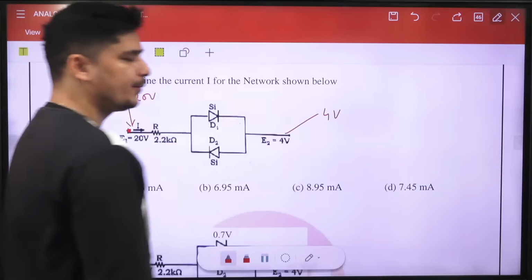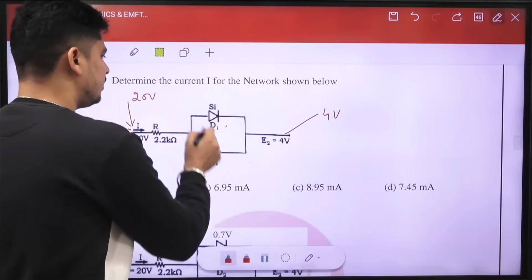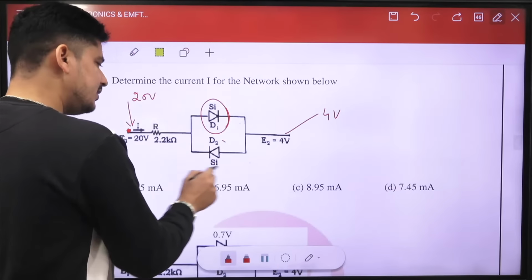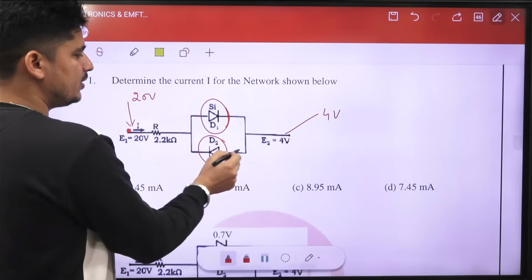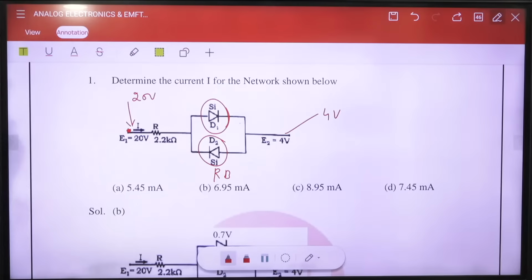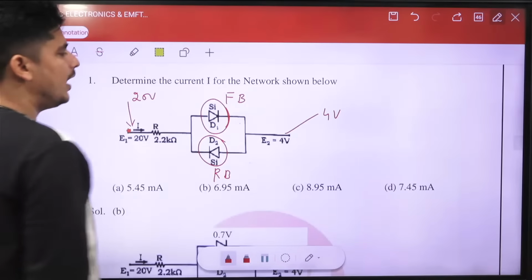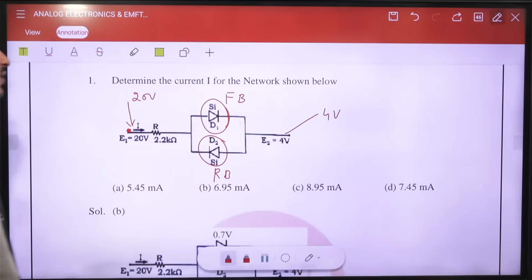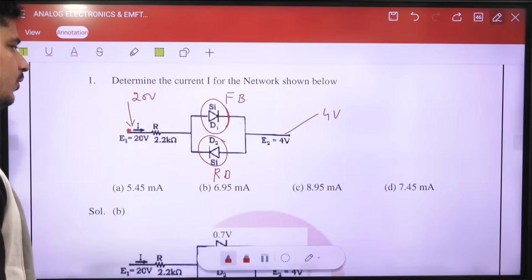4 volt. Whenever we see these things, what will come to our mind? This diode is reverse biased because its positive terminal is connected to lower voltage and negative terminal connected to high voltage, and this other diode is forward biased, right? After getting this, the forward-biased diode can be replaced by a 0.7 volt battery.